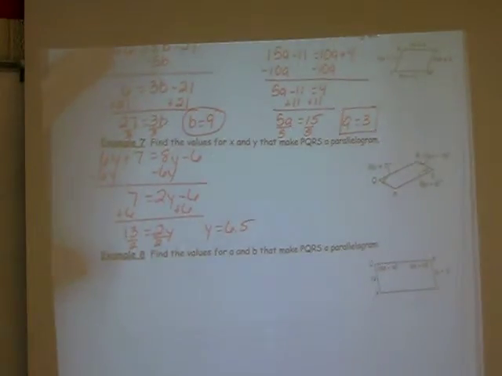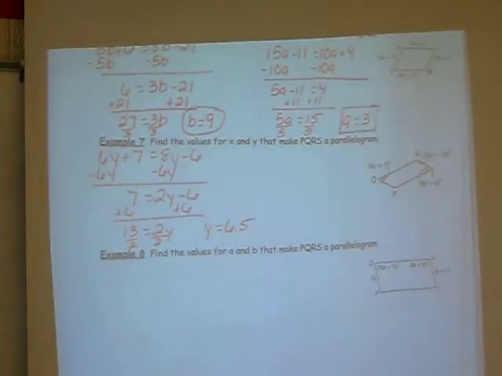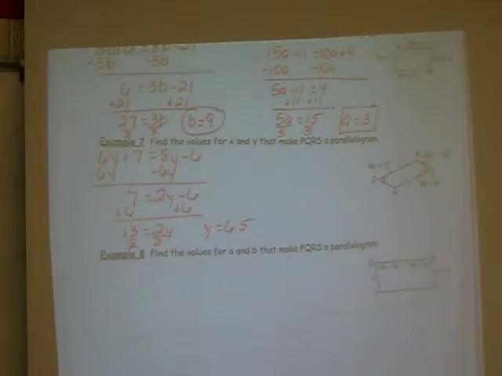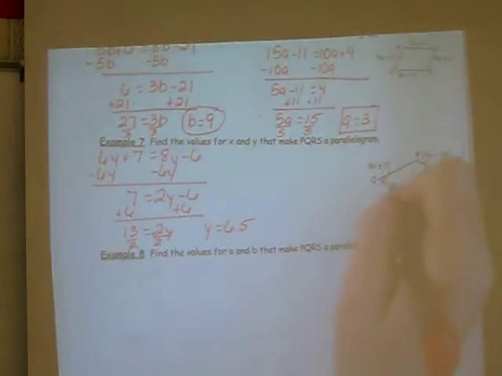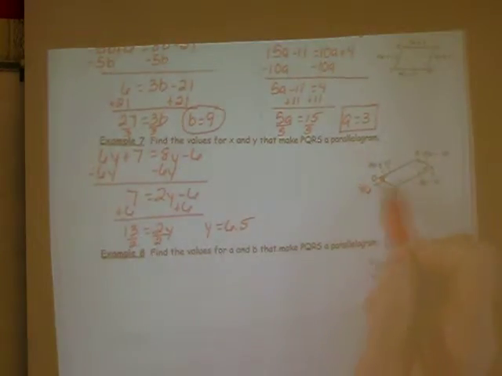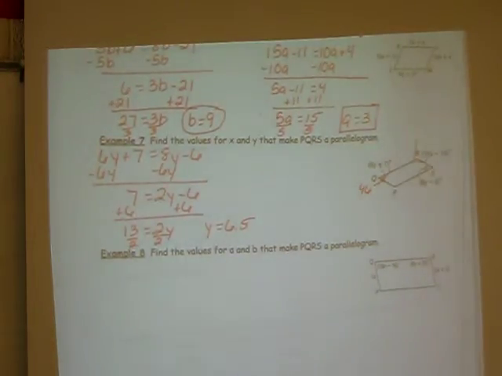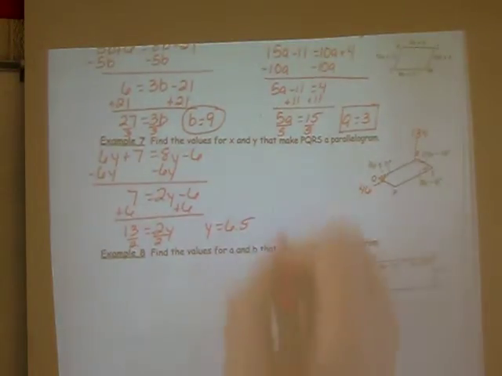In order to figure out the other side, we're going to have to figure out one of these angles. So we are going to do 6 times 6.5 plus 7. Took this value and put it in for here. And that makes this angle right here 46 degrees. Well, these two angles together add up to 180. So if we do 180 minus 46, this angle is 134 degrees.